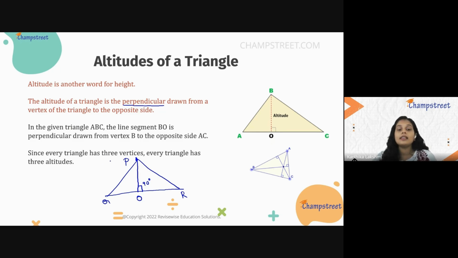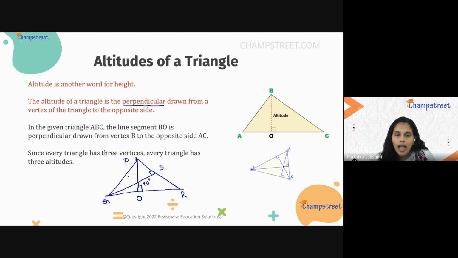Since every triangle has three vertices, every triangle has three altitudes also. So here you can see I can draw three altitudes. Here I am marking the point as S and drawing a perpendicular from Q to PR. This is 90 degrees. Then QS is also a median, sorry, an altitude.